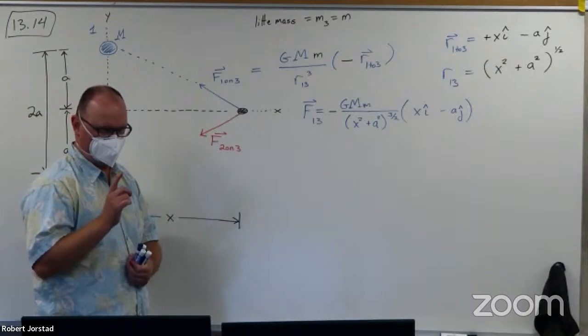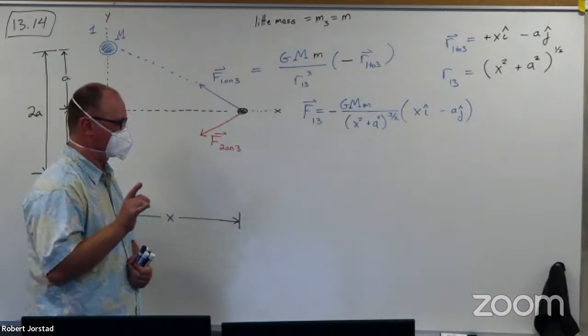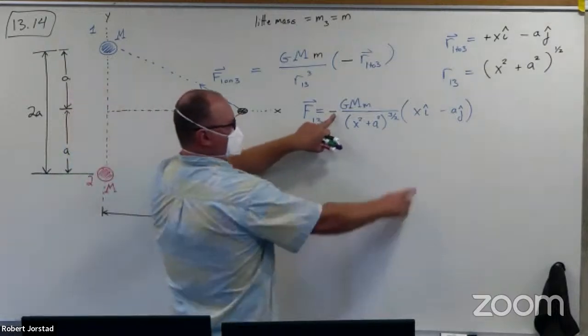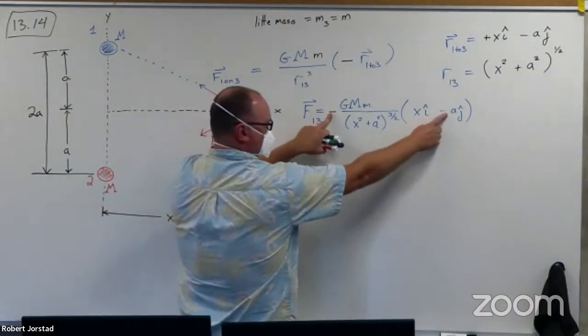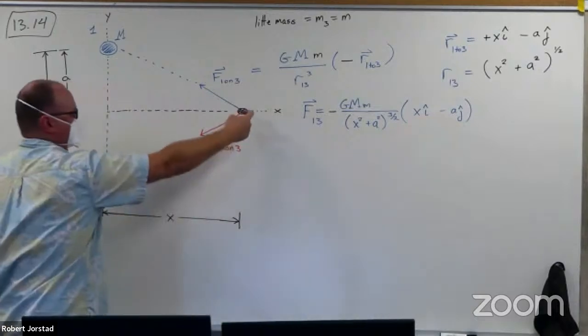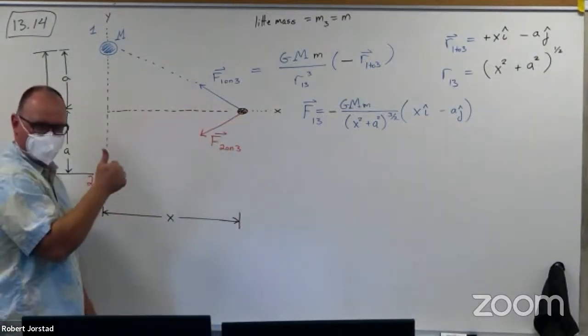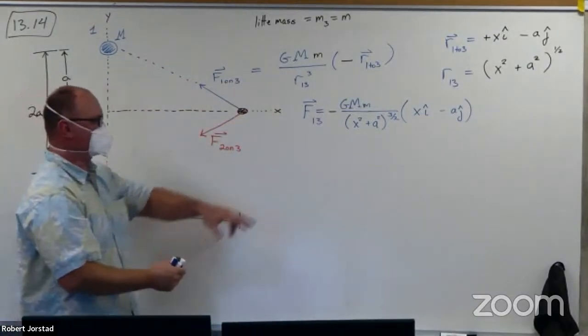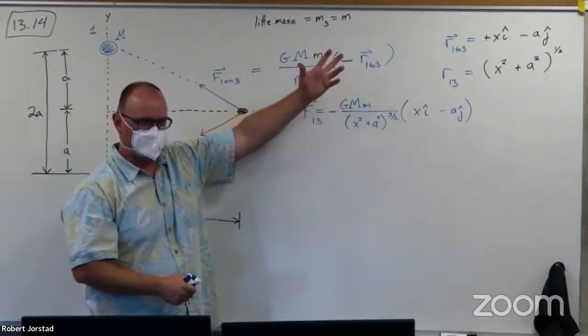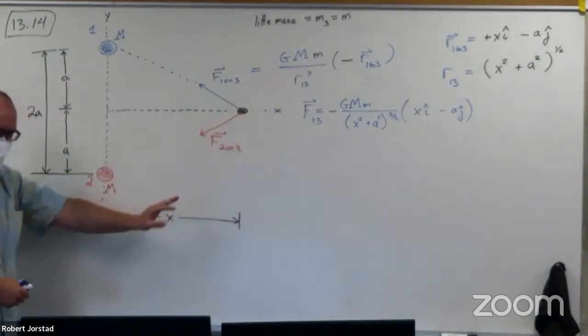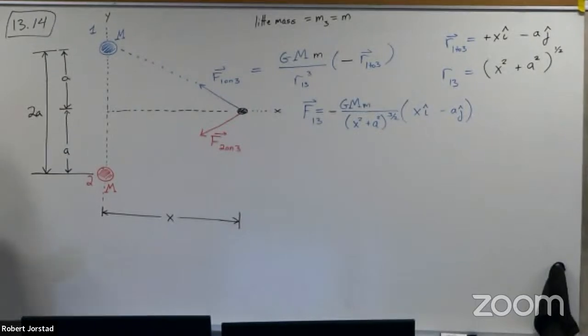Before going on, let's make sure it's pointing the right way. It's actually in the negative i hat and positive j hat. Do you agree? It's left and up. So this minus sign is pretty freaking crucial. Everybody good? Pointing the right way. Now you might say, I don't like this, Jorstad.